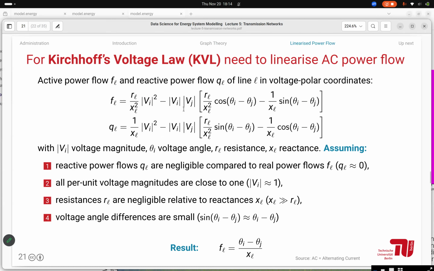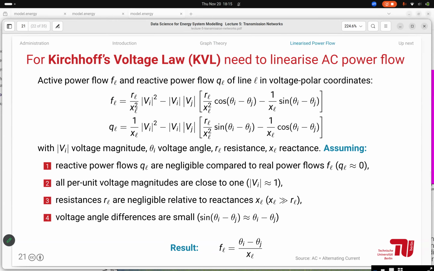These are the capital V's at the different nodes. It's a node attribute, as well as the voltage angles. So you have magnitude and angles. That's polar coordinates, where you have theta i and theta j as the voltage angles of the network. And then you have some electrotechnical quantities like the resistance and the reactance, just some attributes of the lines. These are fixed values depending on what materials you use and so on.